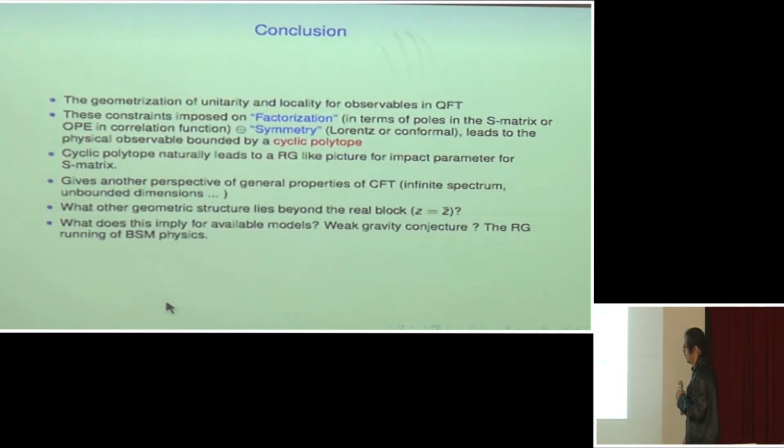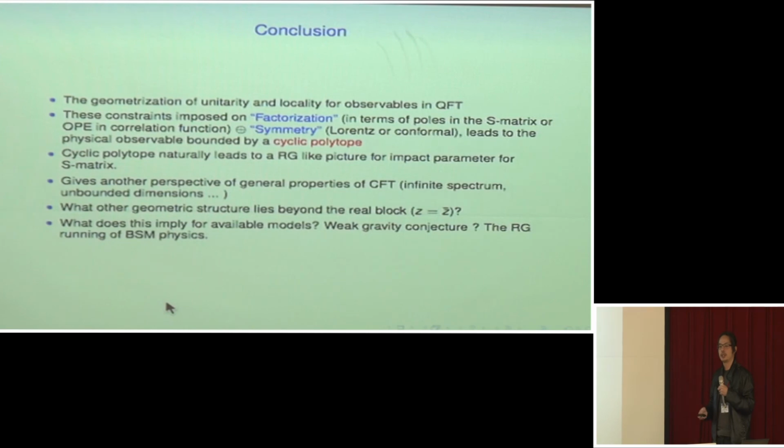And of course, from the general beyond standard model or effective field theory point of view, what do these constraints imply for all these possible models? We already say that they have to live within these polytopes, but what are the constraints that you can derive? For example, can we prove the weak gravity conjecture? Anytime you have beyond standard model physics, when you're considering these higher dimension operators in terms of F4, you're going to have corrections to these coefficients.